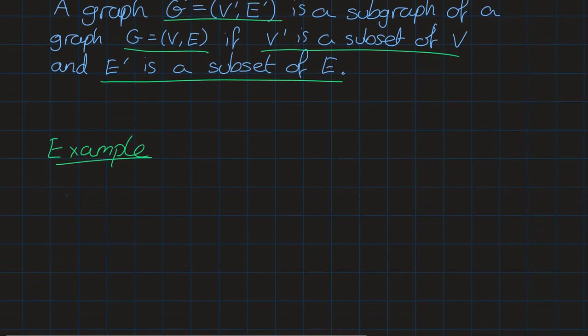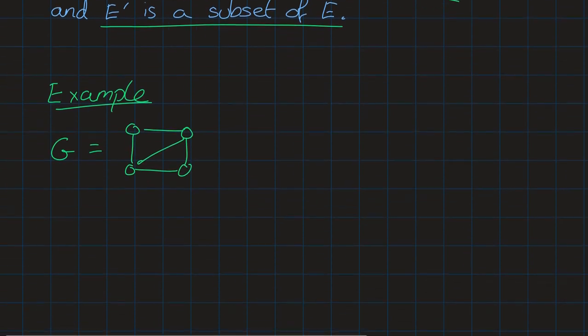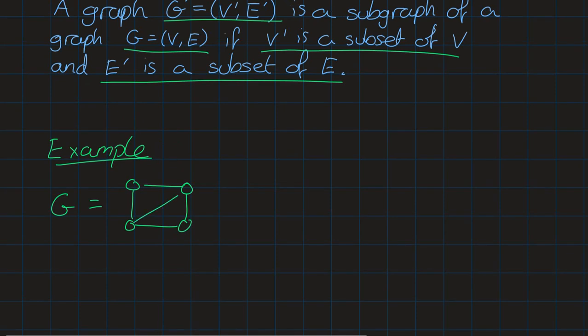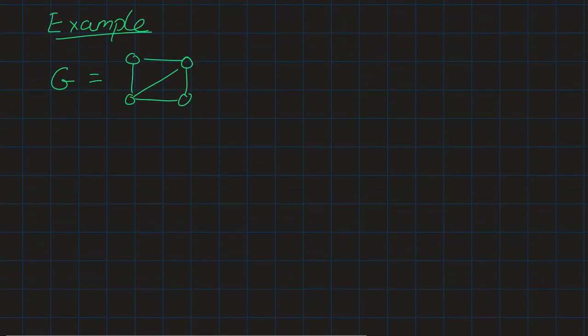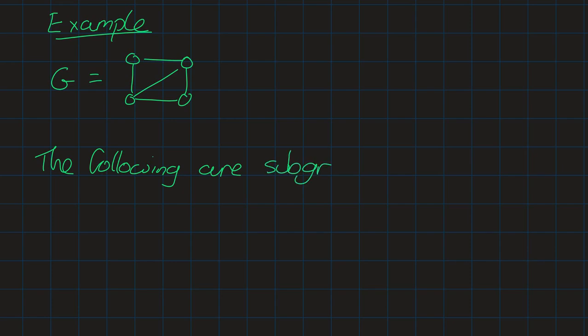So if I draw a graph G equals this graph right here, then if I want to consider some subgraphs of this graph, the following are subgraphs of G. So really simple, I could just have this.